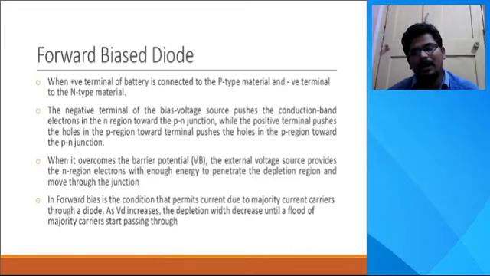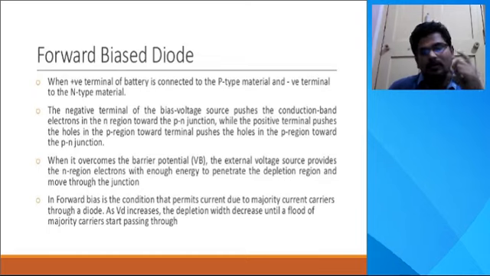When we apply the external voltage, the electrons will get the external energy and they will try to move towards the conduction band. Whenever the electron is in the conduction band, it is not stable, and due to those electrons we are getting the current. So always remember that we get the current due to the electrons in the conduction band, because the electrons are not stable in the conduction band.